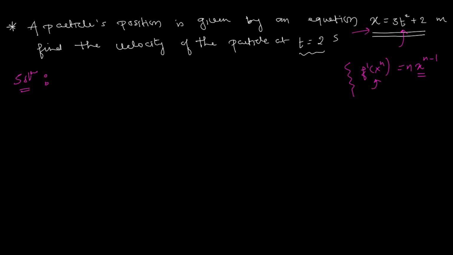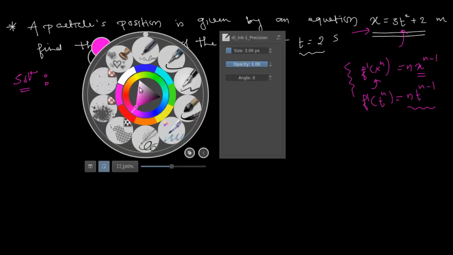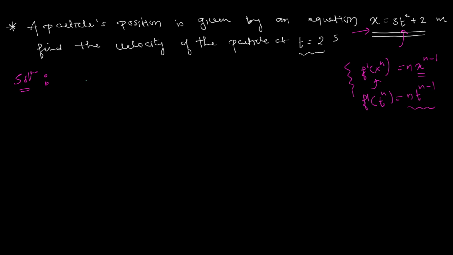Based on what time it is, the position changes. So you could change that expression like f dash of t to the n would be n into t to the n minus 1. Instead of x being the independent variable, in this particular question, t, the time, is the independent variable. Let's use that and try to get something.